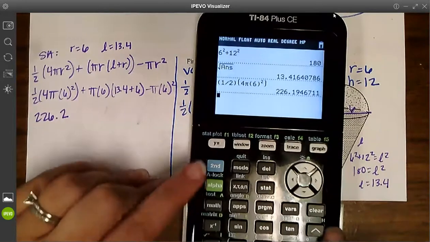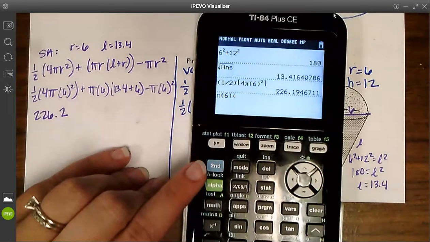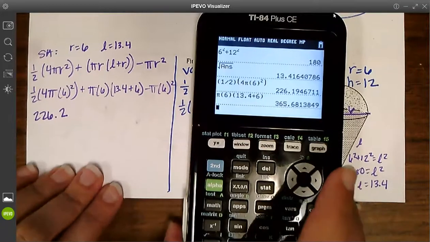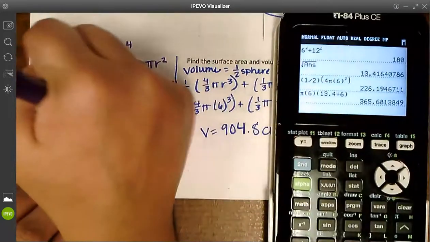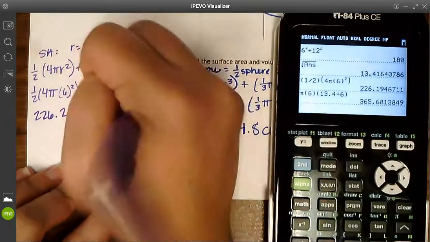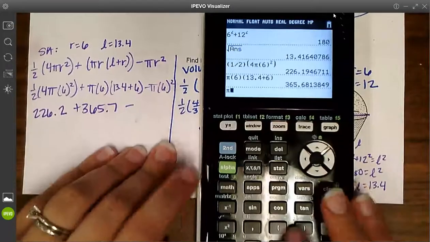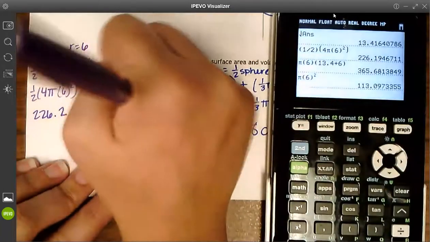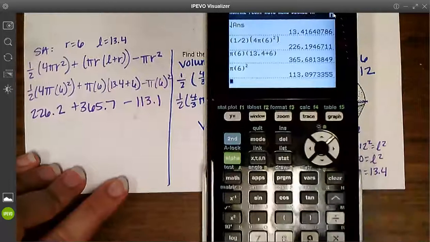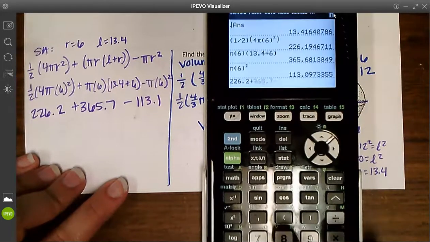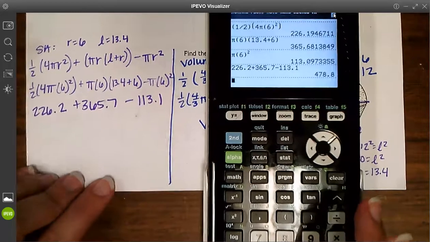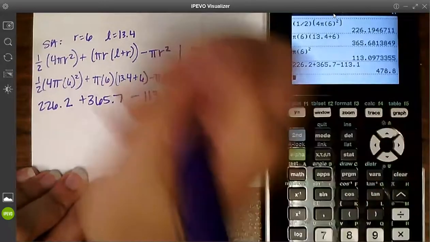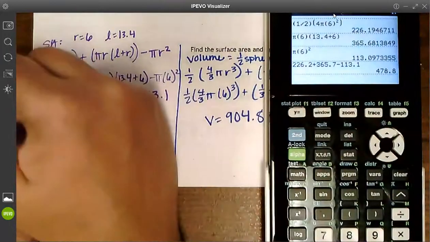Here I've got pi times 6 times 13.4 plus 6, which is 365.7, minus my pi r squared, or my pi 6 squared, which is 113.1. Combine those together, and you get 478.8 centimeters squared.